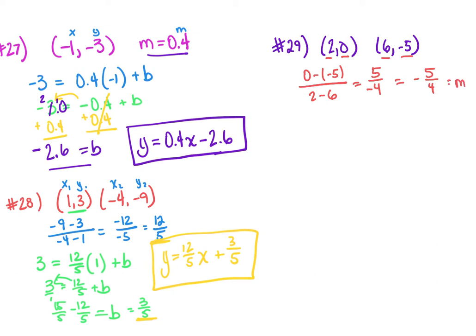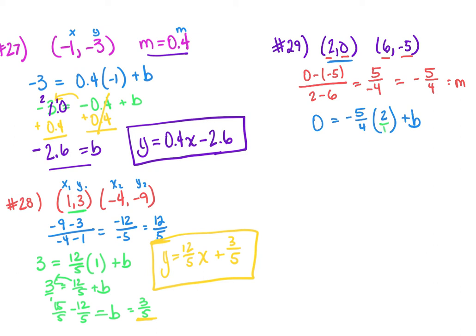Then I'm going to use a point to solve for my b. All right, so I'm just going to use the first one here. So I'm going to say y, that's 0, equals m, negative 5/4, x, that's times 2, plus b. Remember that 2 is just over 1, right?